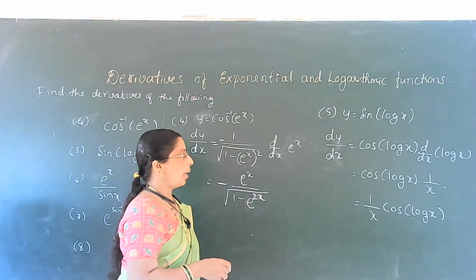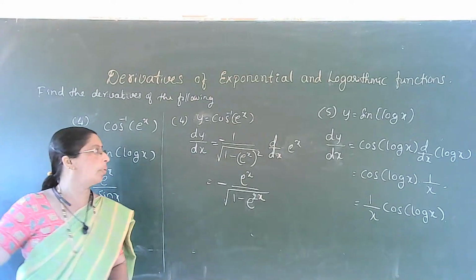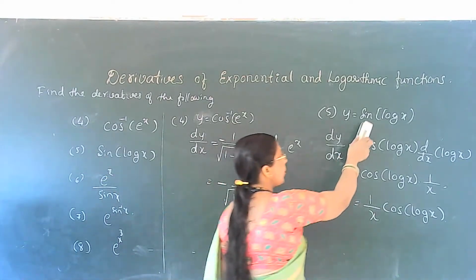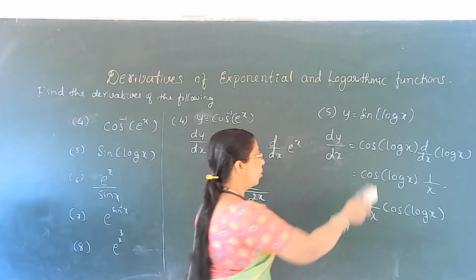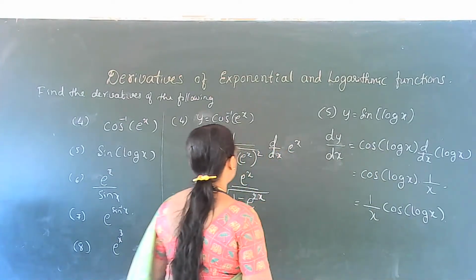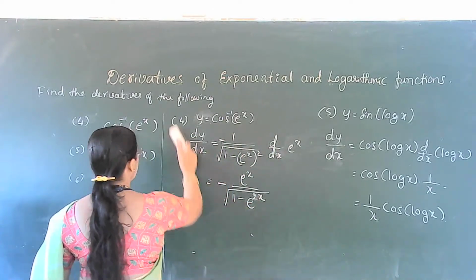Log x derivative is 1 by x. We have to find the derivative of the sin of log x. First find the derivative of the sin function, then you have to find the derivative of the inner function. It's a g o f function.